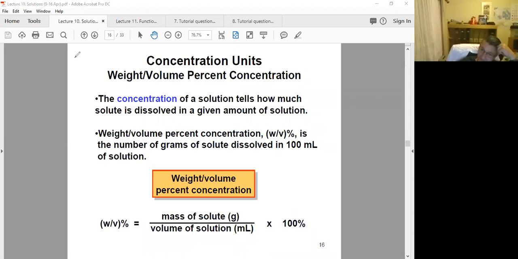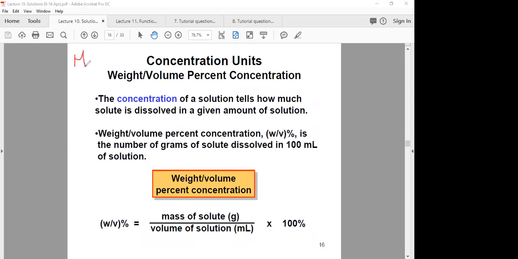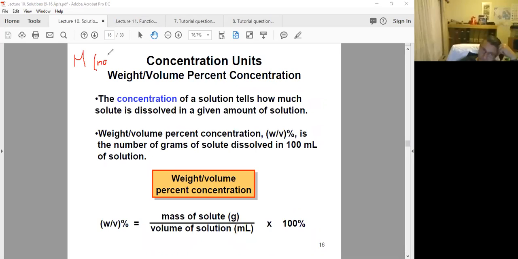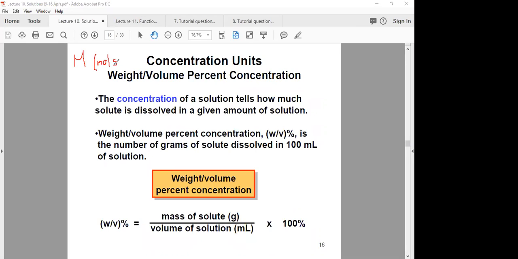Molarity, yes. So big M, molarity. And what is that telling us? What is the units of concentration for molarity? Moles per litre. Yes. So amount of solute dissolved in a given volume. So that is a form of concentration.